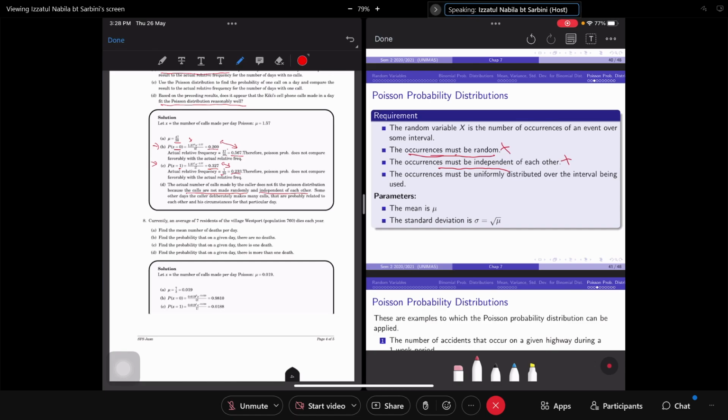Mean number of deaths per day. Wait a moment. Supposed to be 13.